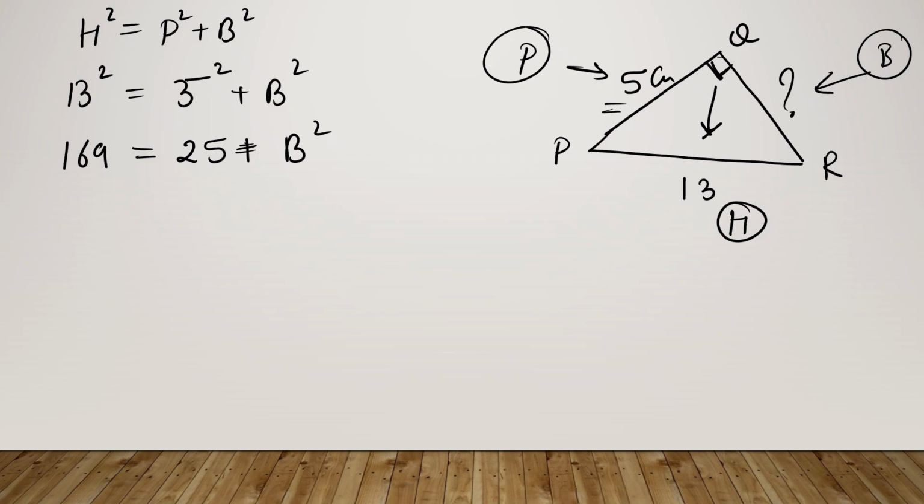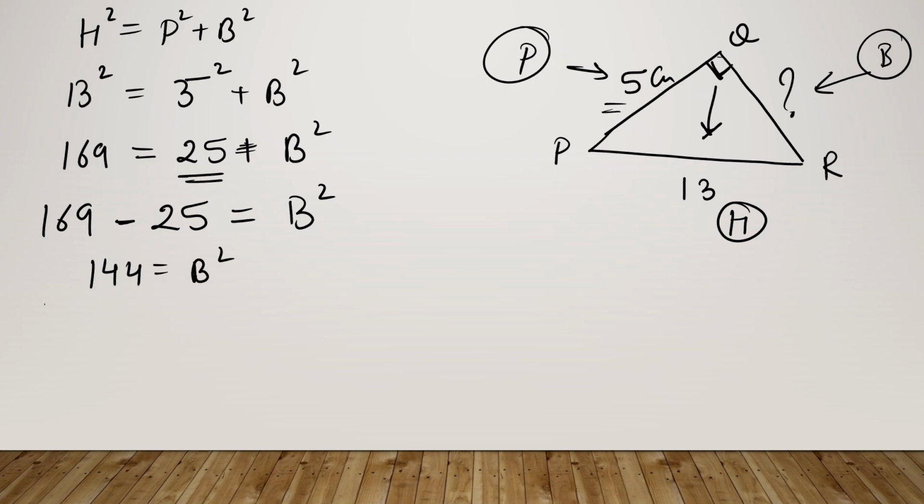So it will become 169, and it is the basic thing that whenever we move a term from left side to right hand side, or from right hand side to left hand side, or we simply say whenever we shift the term from one side to the other, it will change its sign. So as 25 was positive here, it will become negative when we shift it to the left hand side, and it will be equal to b square. Now when we subtract it, it will be equal to 144. So 144 is equal to b square.